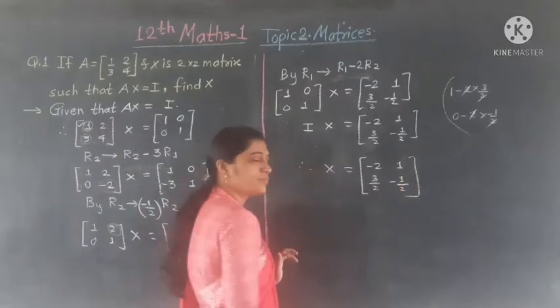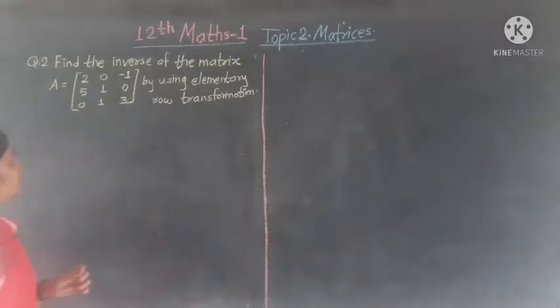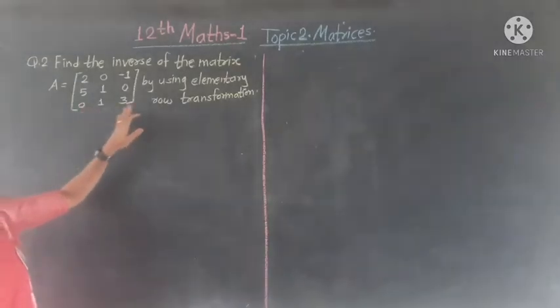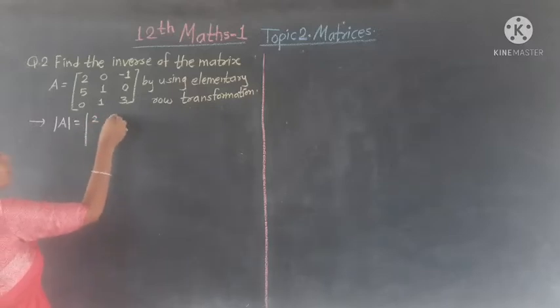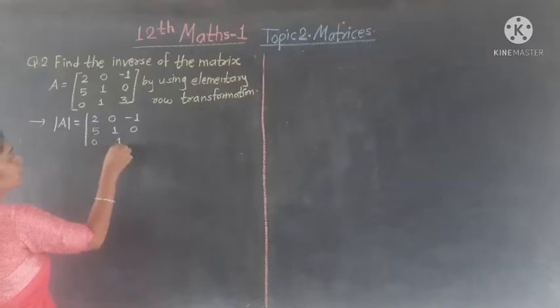Okay, understand? See second question. Find the inverse of the matrix A by using elementary row transformation. Here we want row transformation. For this, first we find determinant A: 0 2 0 5 1 0 0 1 3.